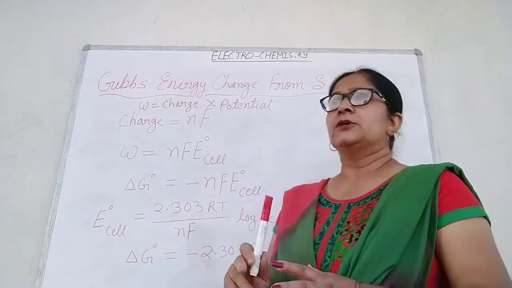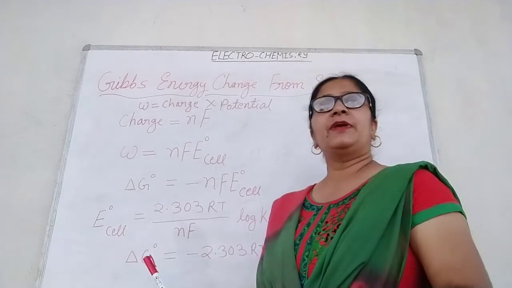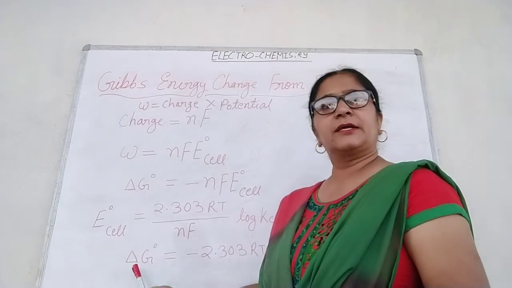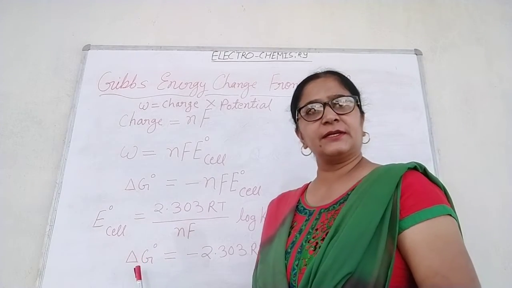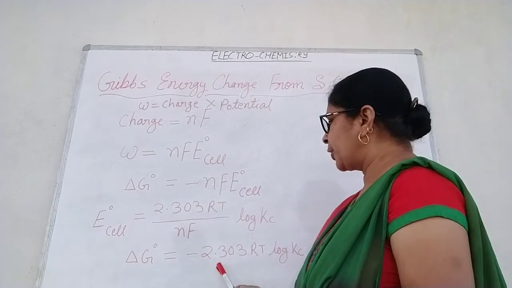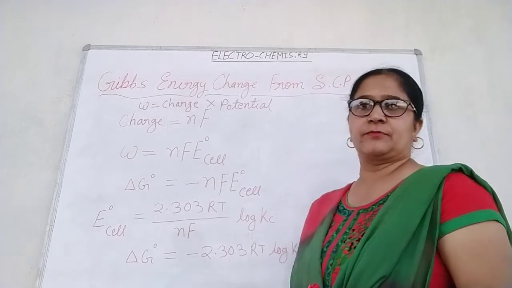So, on putting these values here, we will get that standard Gibbs energy change is equal to minus 2.303 RT log Kc.